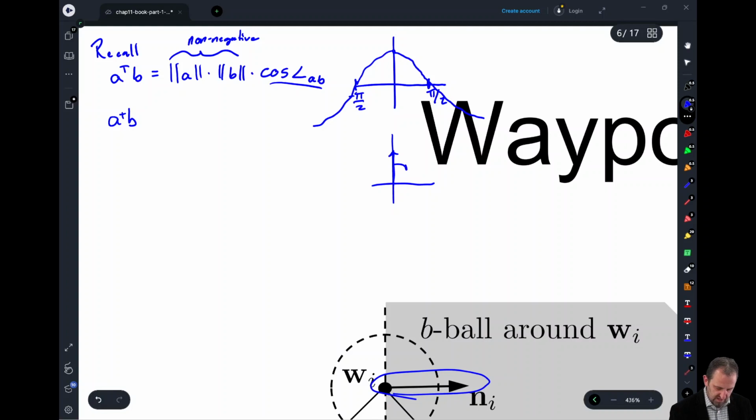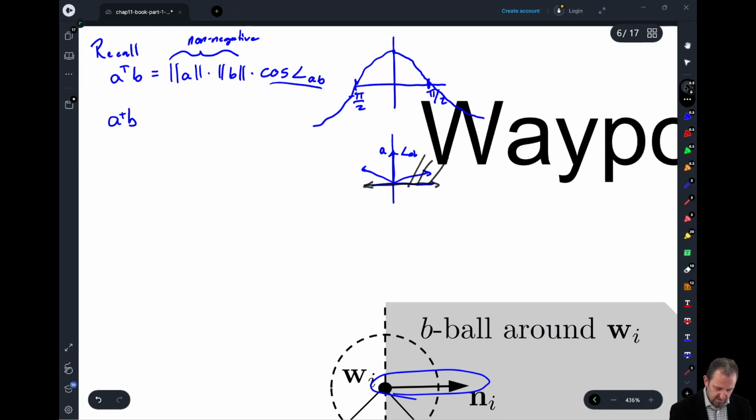So if we say here's the angle between A and B, right? And as we move around, now the angle is going to be over here. If we're in the same half plane, so if this is vector A, all vectors that are in the same half plane as A are going to be above the x-axis that I've drawn.